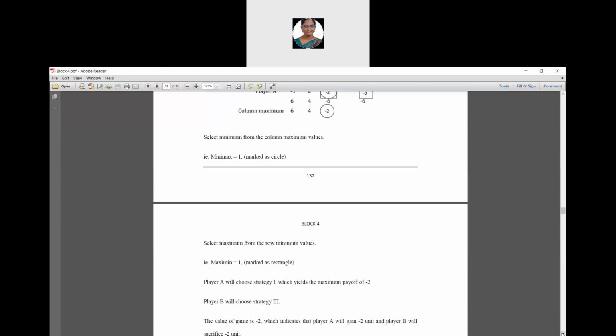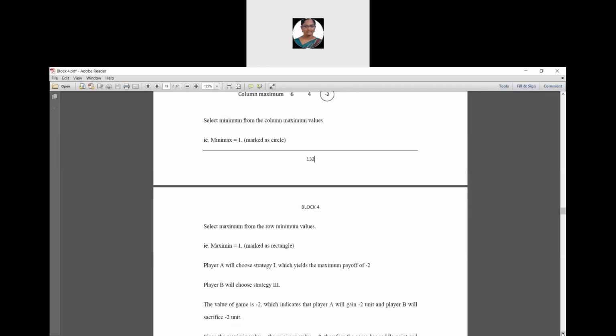Select the maximum from the row minimum values, that is maximin is equal to -2. Player A will choose strategy 1 which yields the maximum payoff of minus 2. Player B will choose strategy 3.